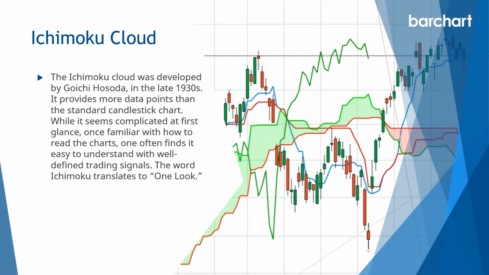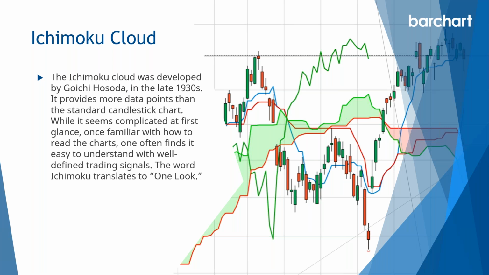So as I said in the beginning, this is a Japanese technique that was developed by a Japanese financial reporter, Hosoda, and it revolves around multiple moving averages. Each is unique in its calculations and placement on our chart.